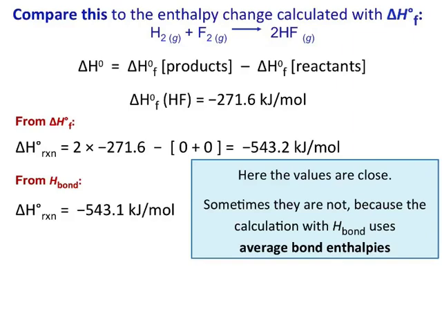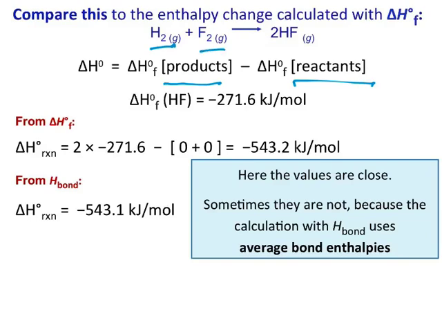So let's compare this to the enthalpy change calculated with the enthalpy of formation values like we did in the last video. And so using enthalpy of formation values, we have now products minus reactants. Remember, it's the other way around. And well, for all the reactants, the enthalpy of formation is going to be 0 because it's hydrogen gas, diatomic, which is its most stable state.